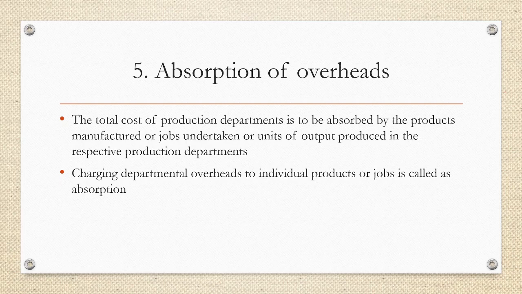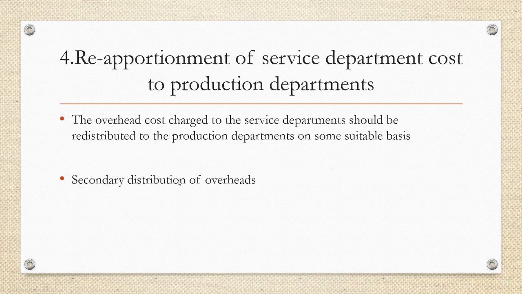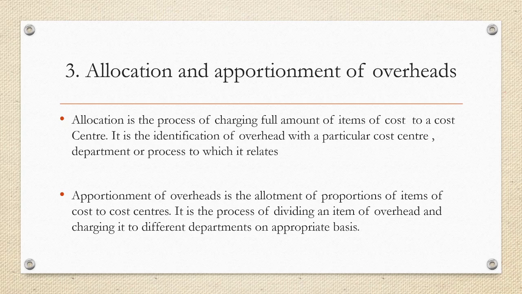Once the primary distribution is over, comes the secondary distribution, then comes the absorption of overheads, where the departmental overheads are charged to individual products or jobs. So our first chapter is the primary distribution, which is the allocation and apportionment of overheads.